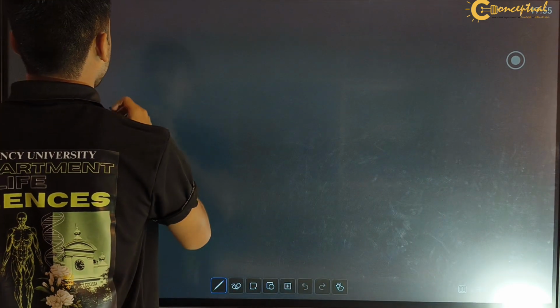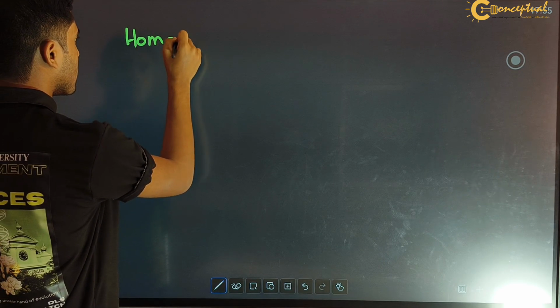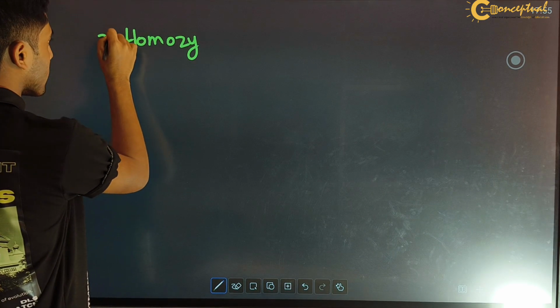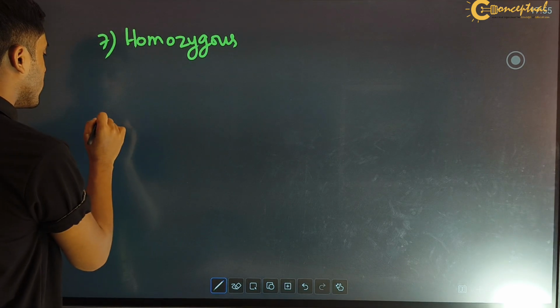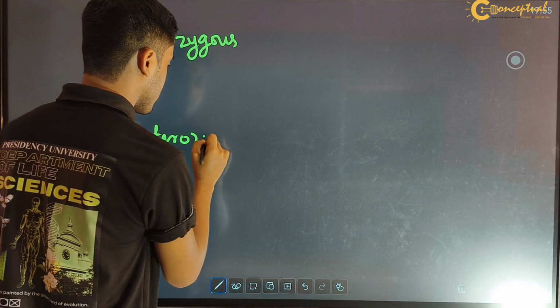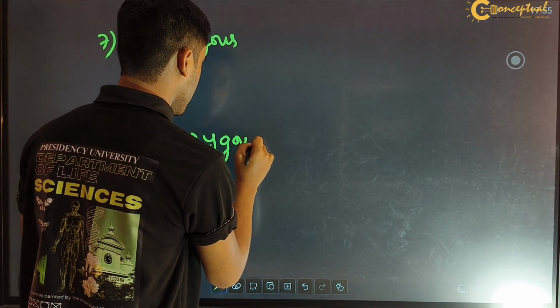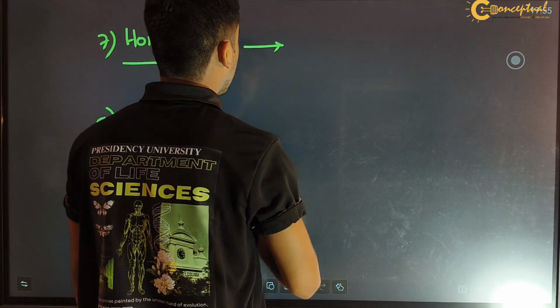Coming to the different terms, they can be either homozygous or heterozygous. Okay, so homozygous refers to the same types of alleles.